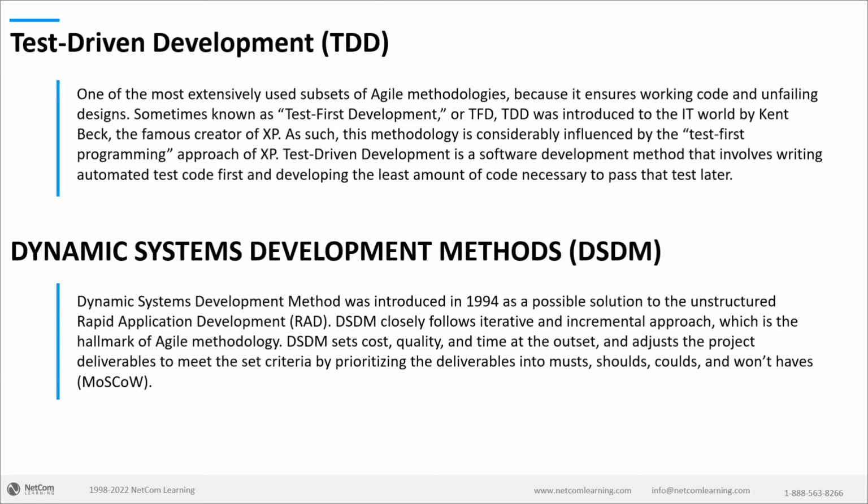But DSDM also talks about cost, quality, time, which you might not see in the other approaches. I'm not saying that projects like Scrum project does not talk about cost. It does, but it's not going to be the job of the project manager there. With DSDM, it's going to be.